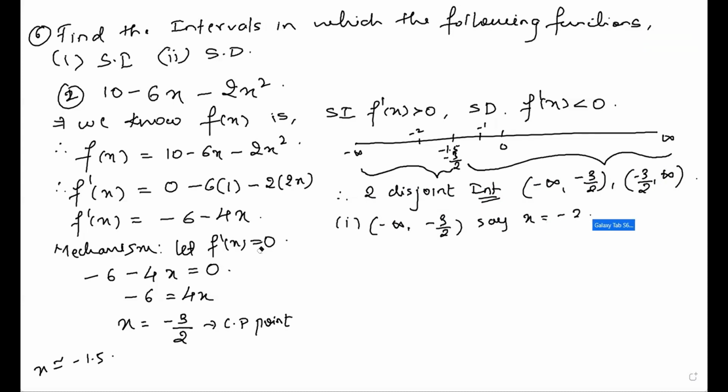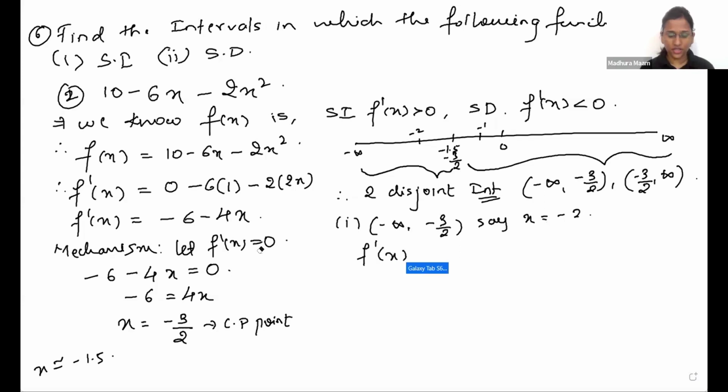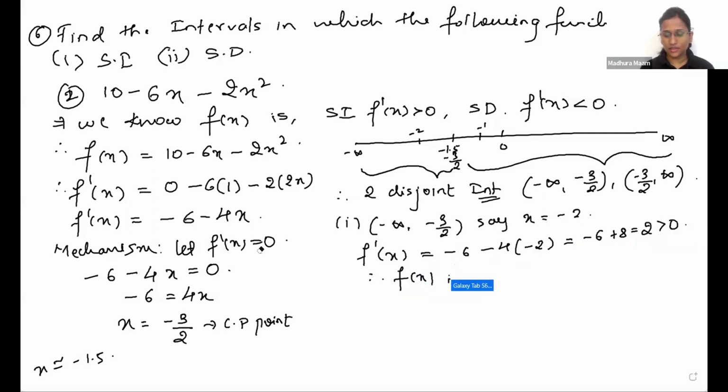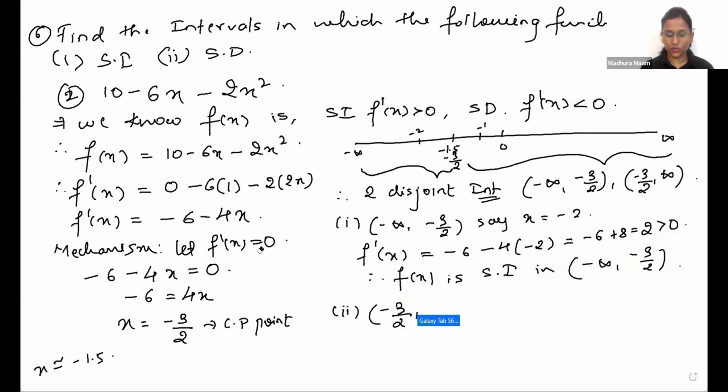Okay, so let us take f dash of x now. F dash of x is -6, -4 into -2, which is -6 plus 8, equals 2. Is this greater than 0 or less than 0? Greater than 0. Therefore f of x is increasing or decreasing? Increasing. Okay, strictly increasing. In which interval? -infinity to -3/2.